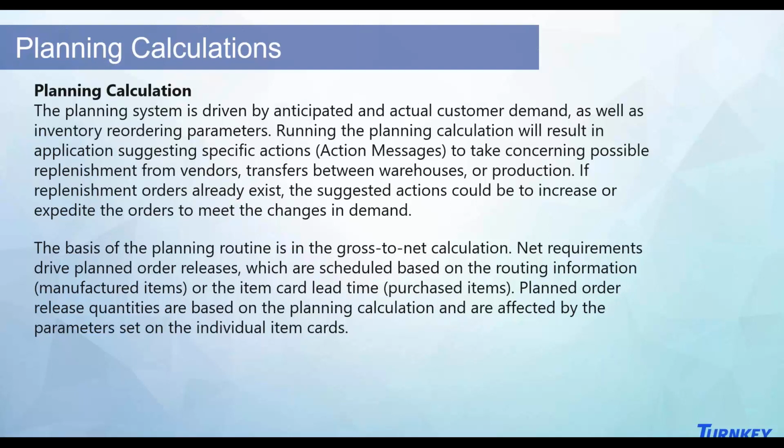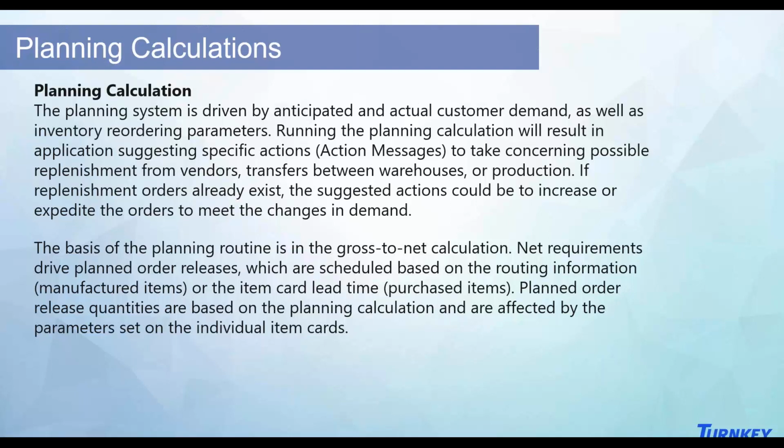It'll respond to the planning capability where you might have a min-max capability running on your inventory, or you may have just reorder to a standard level or a standard reorder point type scenario. We'll talk a little bit about some of those criteria down at the item level.